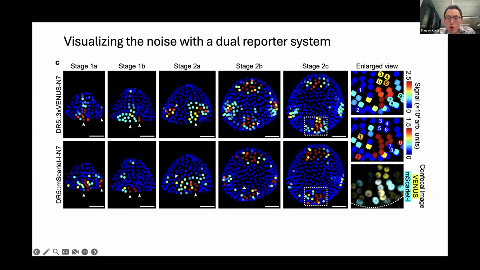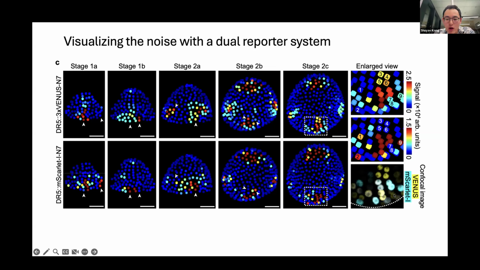So we know from this quantification that auxin noise is always there from the beginning to the end, but eventually somehow the meristem can produce these four auxin maxima despite the molecular noise. So that was very, very interesting.